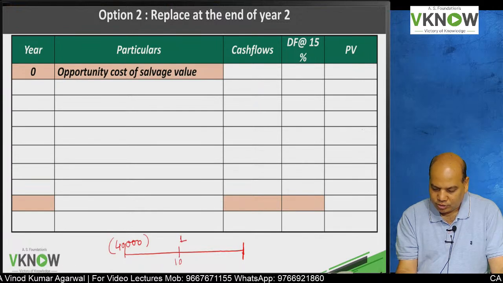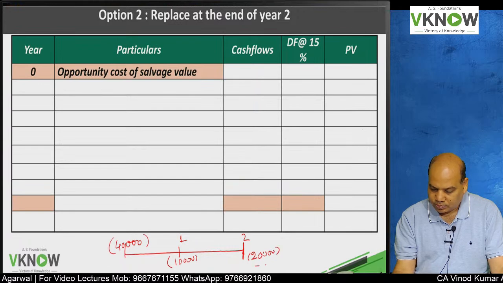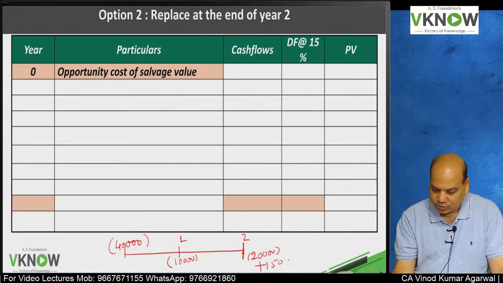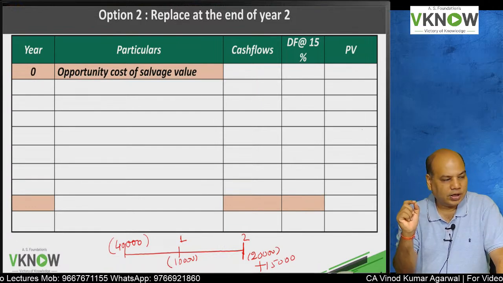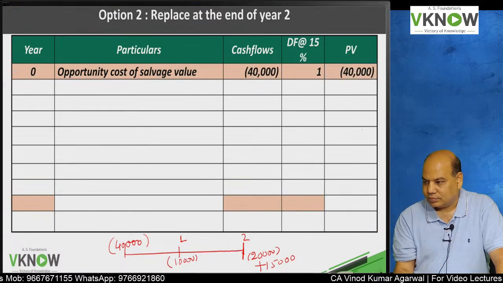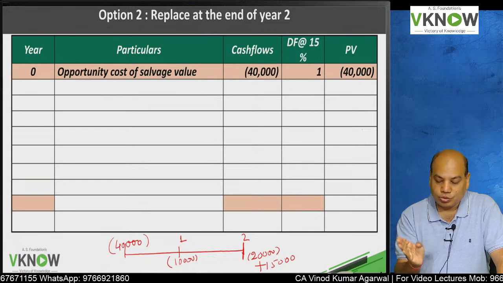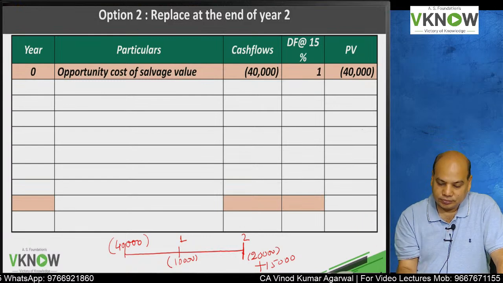In year 1 you incur 10,000. In year 2 you incur 20,000. But you also get a salvage value of 15,000. What will be equivalent annualized cost? That is the question. Do not consider scrap value every time. You have to only consider it at the end of that period.